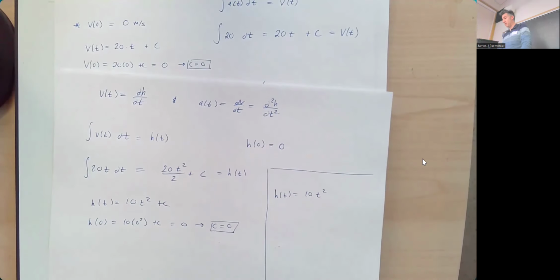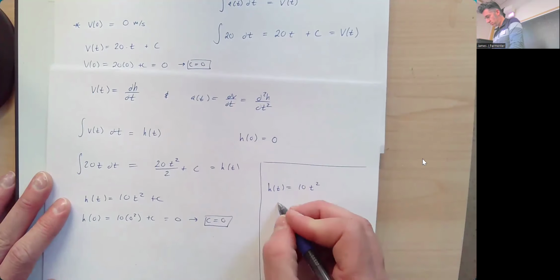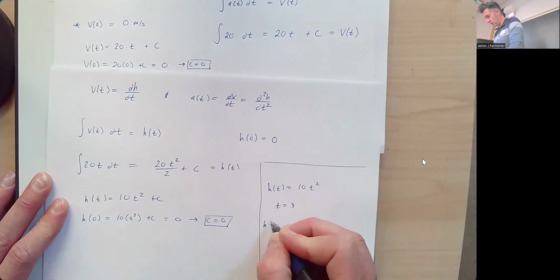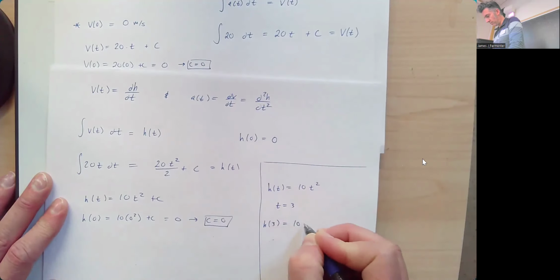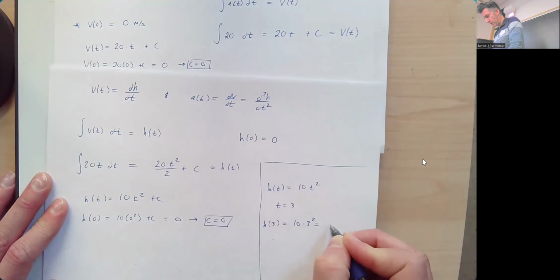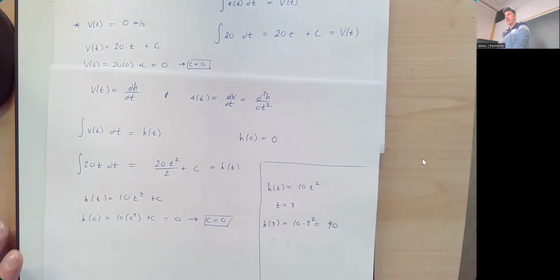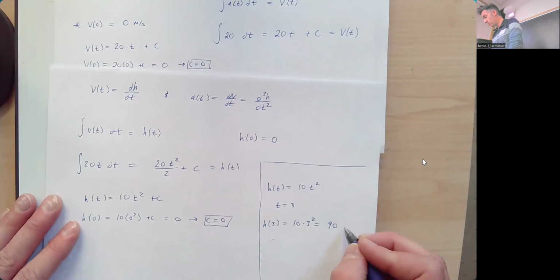And if we plug in t equals 3, we get h of 3 equal to 10 times 3 squared, which is going to be 90. 90 meters, right? Because we're talking about how high it is, and we're measuring things in meters per second or meters per second squared. So the height should just be measured in meters.